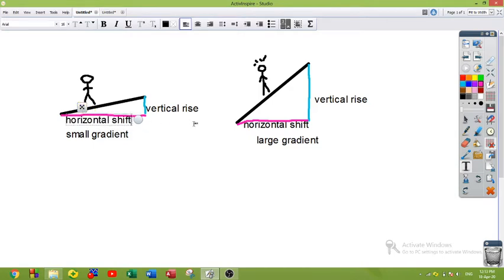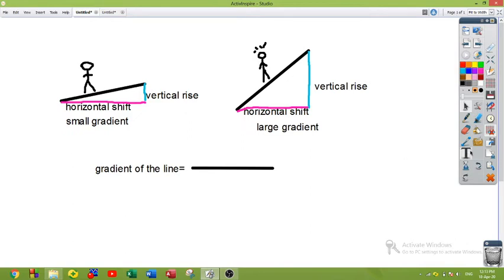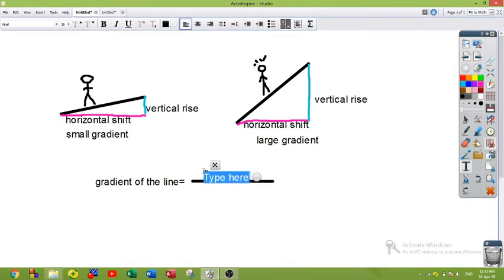Now what was our formula? The gradient of a line was vertical rise over horizontal shift.